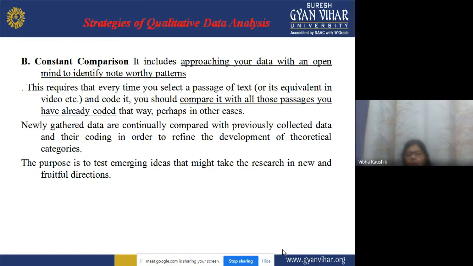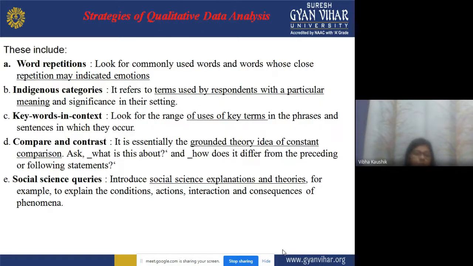Newly gathered data are continually compared with previously collected data, means a constant comparison will be there between the data collected by you in the present and the data collected previously by others, and their coding, in order to refine the development of theoretical categories. The purpose is to test emerging ideas that might take the research in new and fruitful directions.